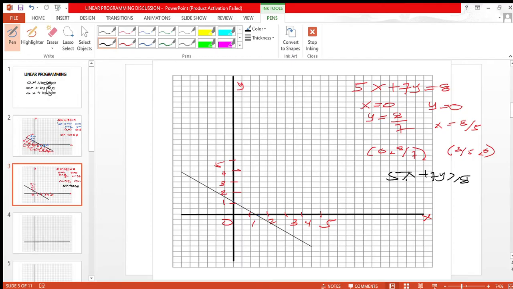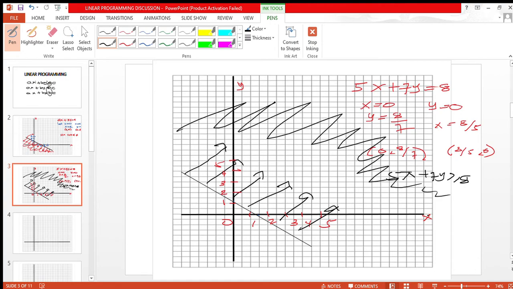Again, if we are considering greater or equal, so from the graph, since this is slanted to the left, you now get the section above. Or if you're facing the line, it's towards the right side of the line. So this entire region here, above this line, will now be the region satisfying 5x plus 7y is greater or equal to 8. Since this is greater or equal, the points on the line are included.